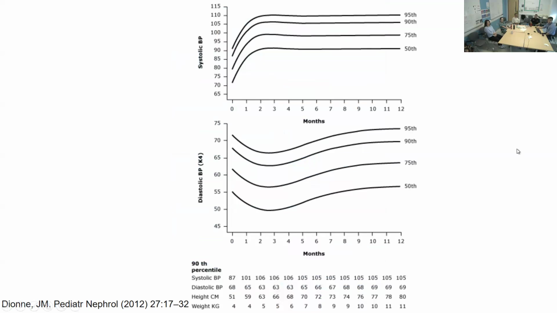And then this is also after a period of, so basically, they kind of use this more for term babies, but for a 7 to 12-month-old, really after 2 months, these are the different percentiles for systolic and diastolic blood pressures that we use.